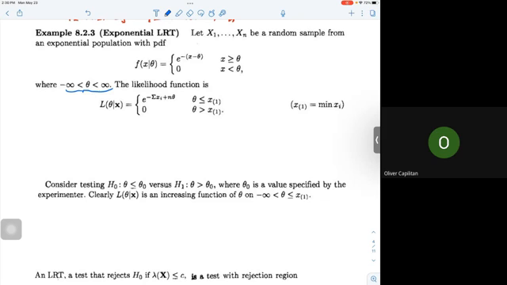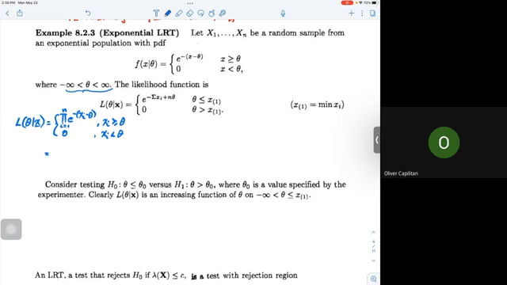So, pagkuha naman yan, the likelihood function of our parameter theta given our sample. So we have here the product of e to the negative quantity x sub i minus theta, i from 1 up to n, where x sub i is greater than or equal to theta, and then 0 otherwise.